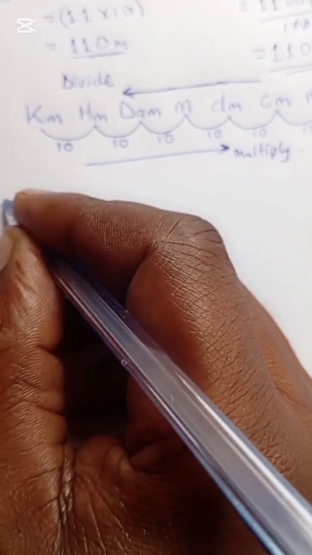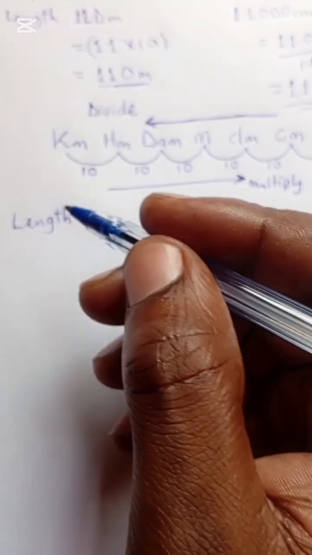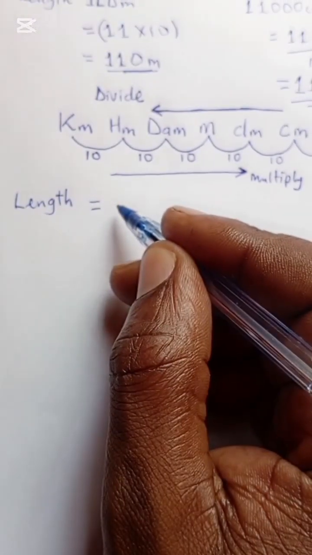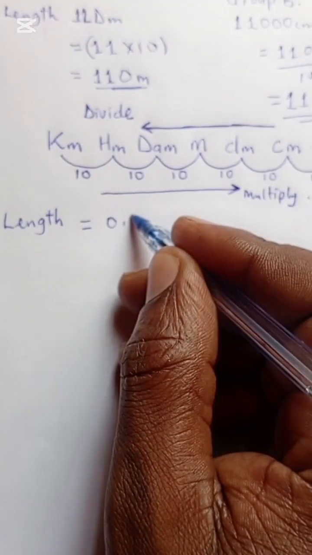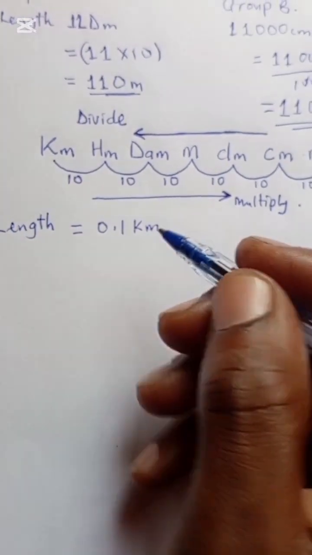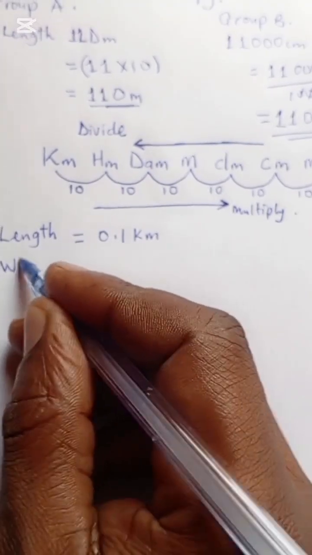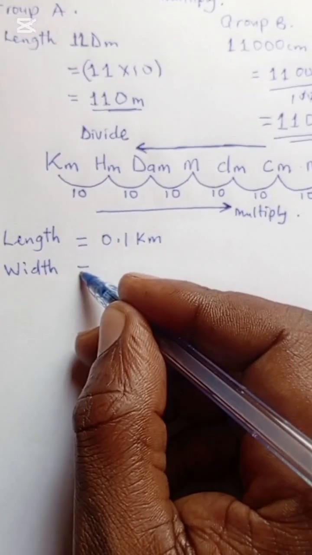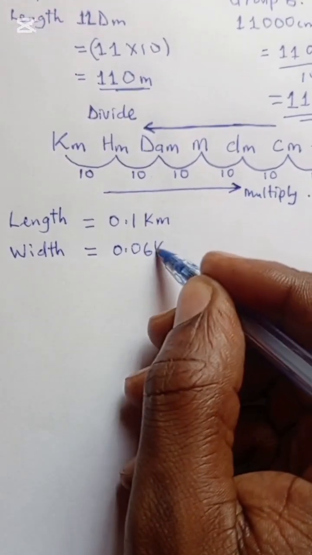According to group D, the length of the football pitch is 0.1 kilometers, and the width is 0.06 kilometers.